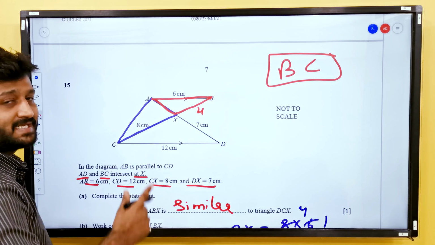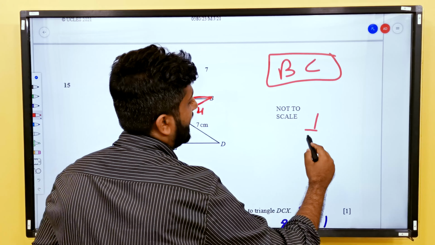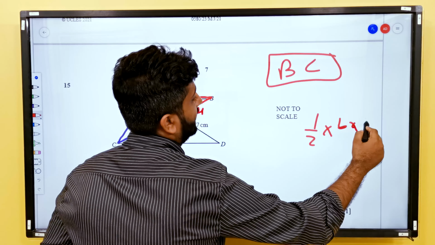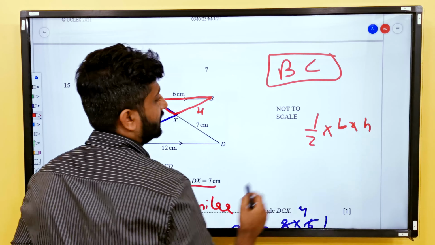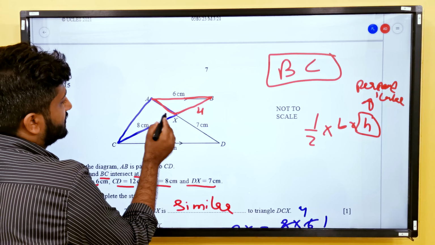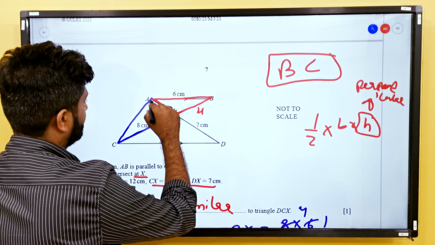We know the area of a triangle is half base into height. And what height do we need? We need the perpendicular height, which is 90 degrees to the base. So for this triangle ABX, the perpendicular height is going to be something like this.